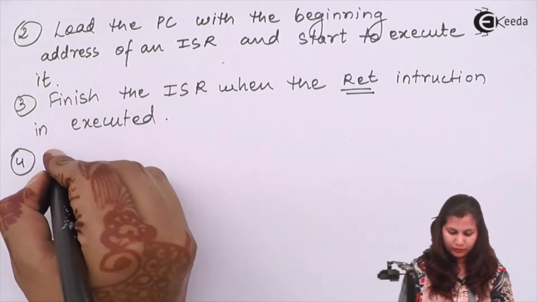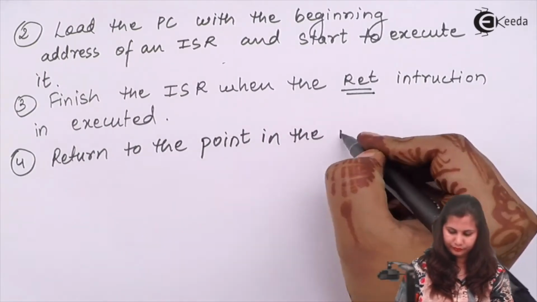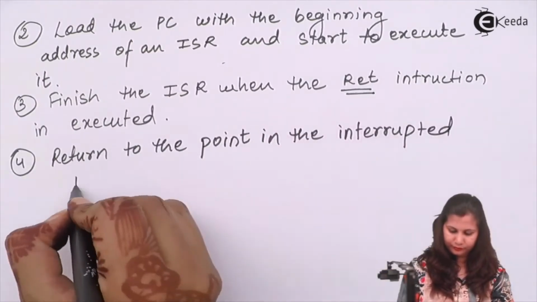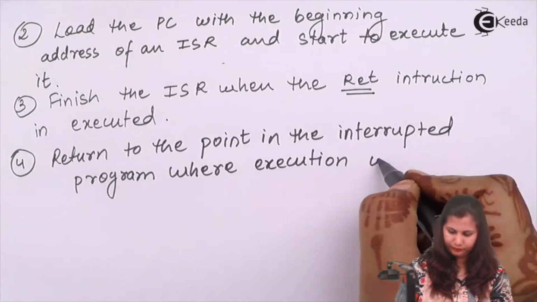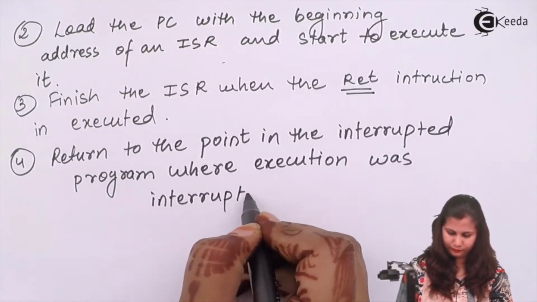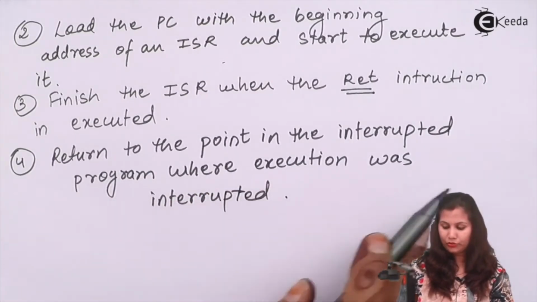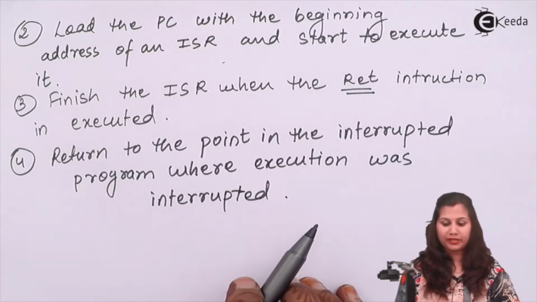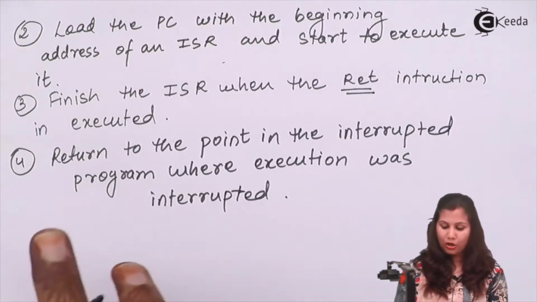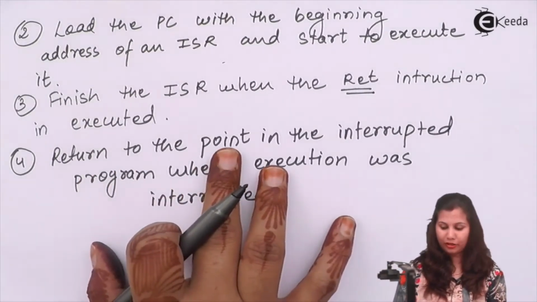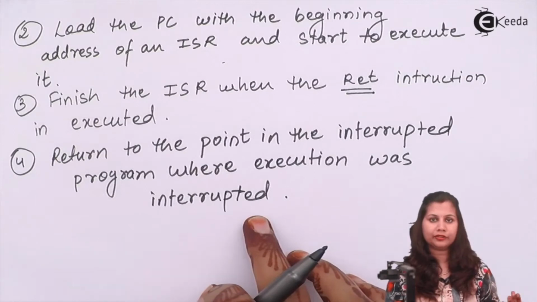The fourth step is to return to the point in the interrupted program where execution was interrupted. In our example, it was interrupted at the INR C instruction. So the microprocessor will return to that point in the interrupted program and start further execution.